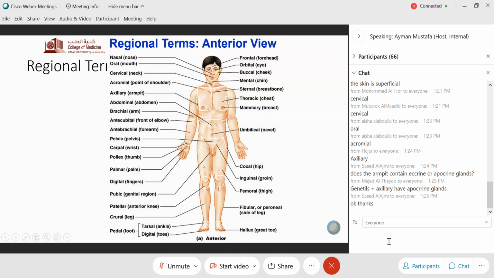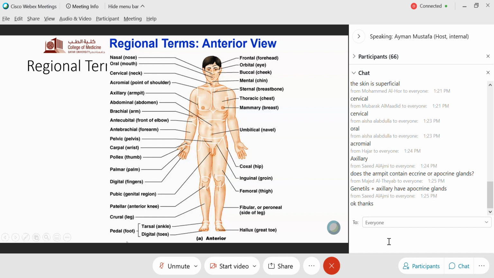The genital region, where the genitals are, we call pubic. The anterior aspect of your knee, we call patellar. The anterior aspect of your leg, we call crural.